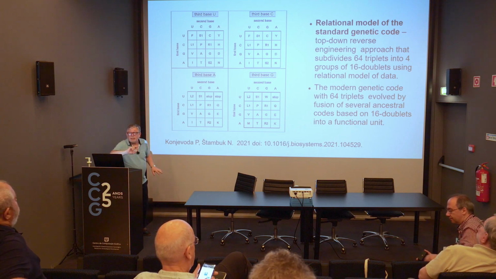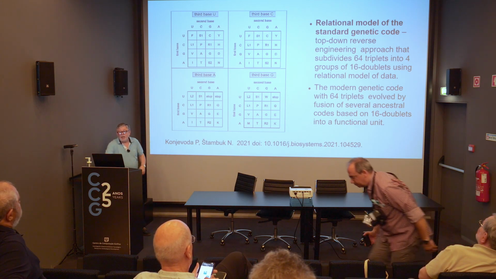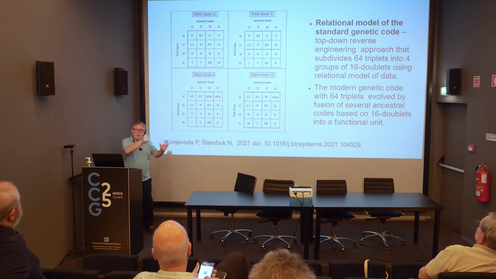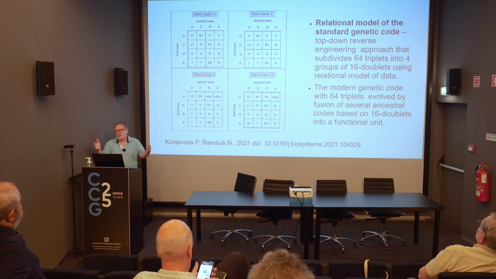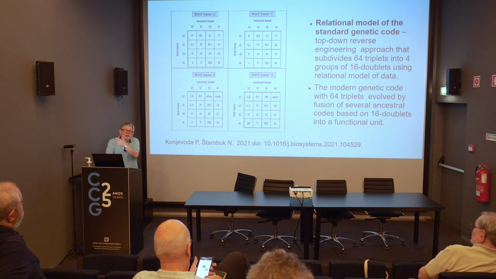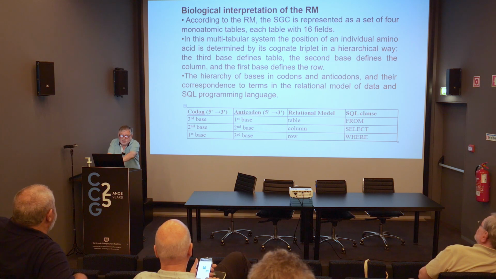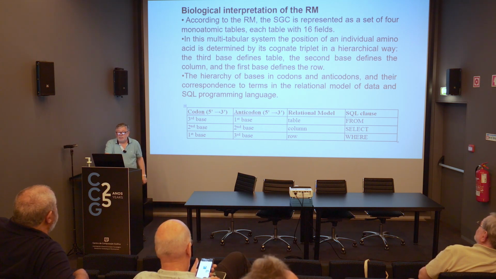So UNC, but UNC identical. And all groups have a joint, so-called joint table through all four. The joint table is necessary to join all the elements in the concept. So you have first base as row, second base as column, third base as table.